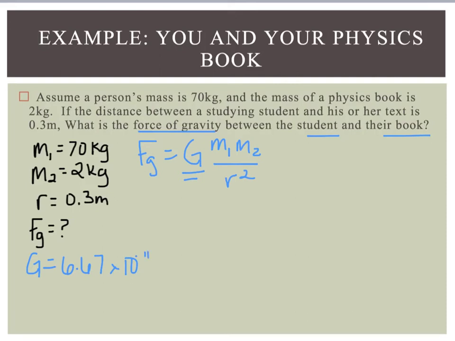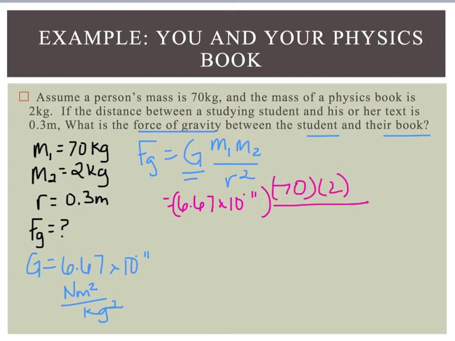I'm just going to write that here, and put the units under it just to make things a little simpler today, and so I have enough space to work. Now we just plug in all the values that we have. We're going to have our 6.67 times 10 to the negative 11 multiplied by our two masses, 70 times 2, and then I divide by the radius squared.